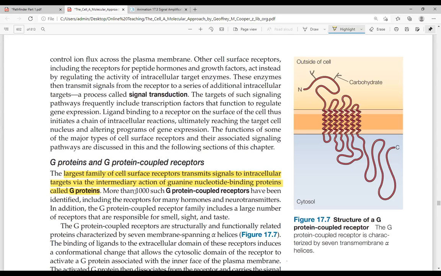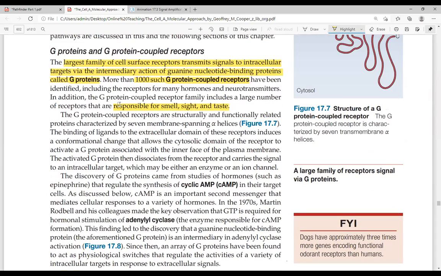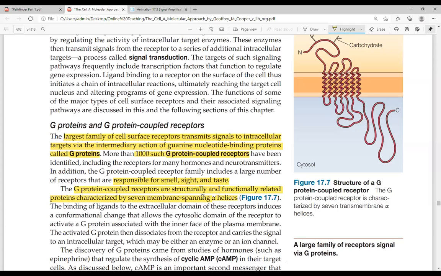Today, more than 1,000 such G protein receptors have been identified, including receptors for many hormones and many neurotransmitters. In addition, G protein coupled receptors are responsible for smell, sight, and taste. They are structurally and functionally related proteins characterized by several alpha helical membrane spanning domains.